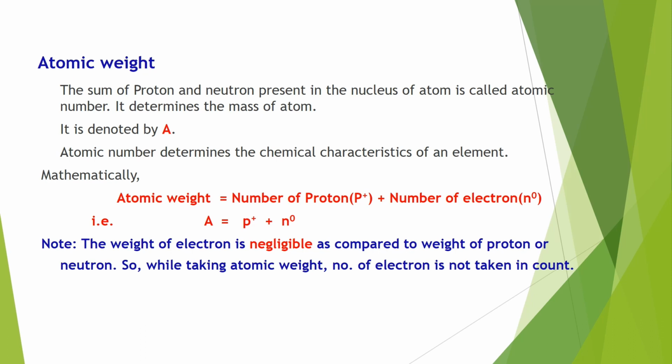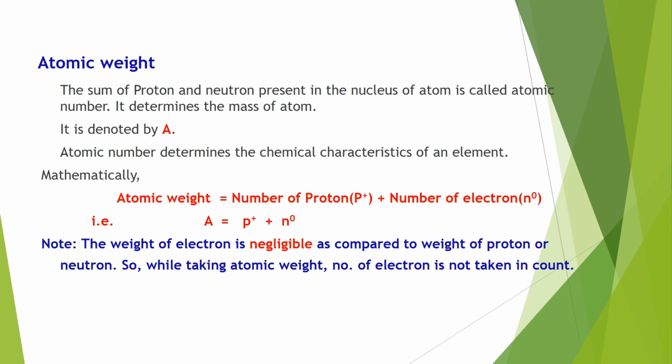Note that the weight of an electron is negligible as compared to the weight of proton or neutron. So, while taking atomic weight, the mass or number of electrons is not taken into count. Okay. So, you can write from there.